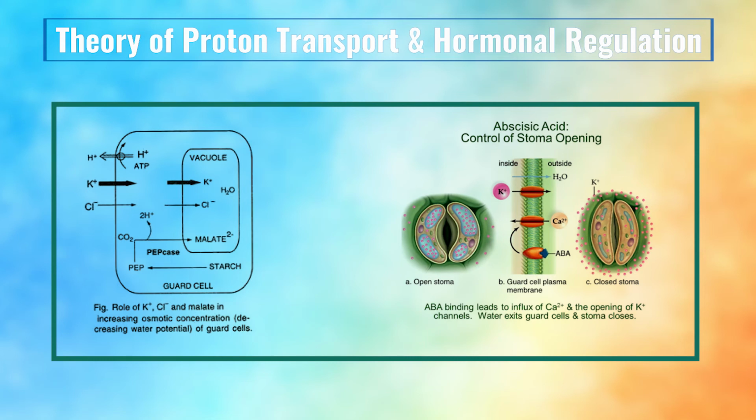In the presence of ABA, the permeability of the membrane changes. As a result, the potassium ions go out from the guard cell and influx of hydrogen ion takes place. Removal of potassium ion from the guard cell also takes away water. As a result, the guard cell becomes flaccid and stomata closes.